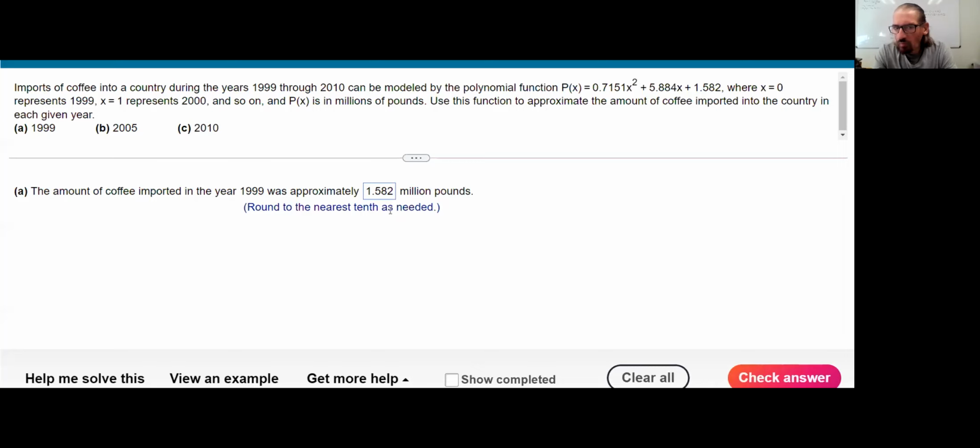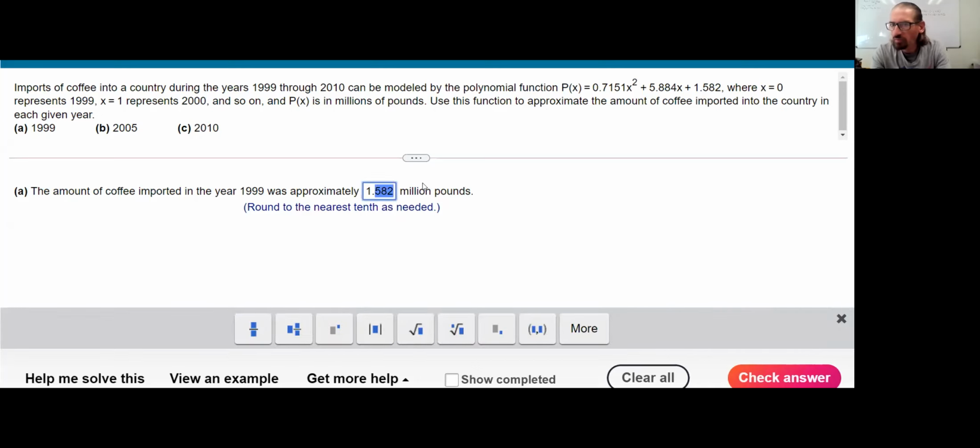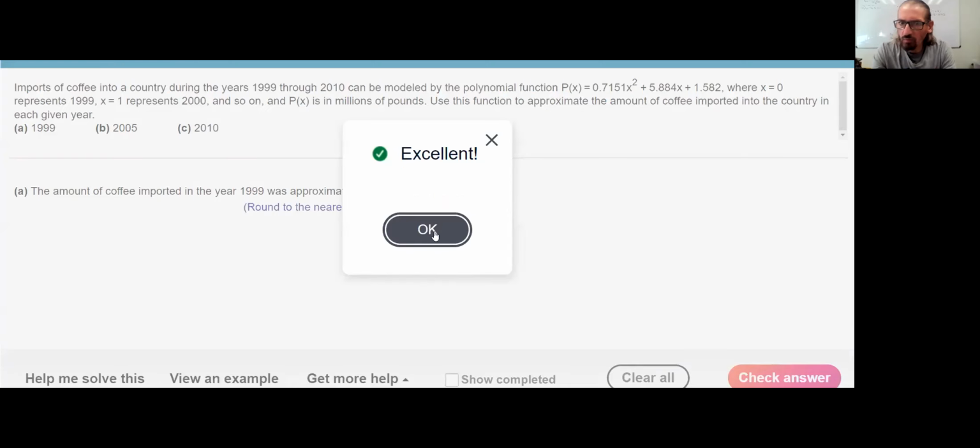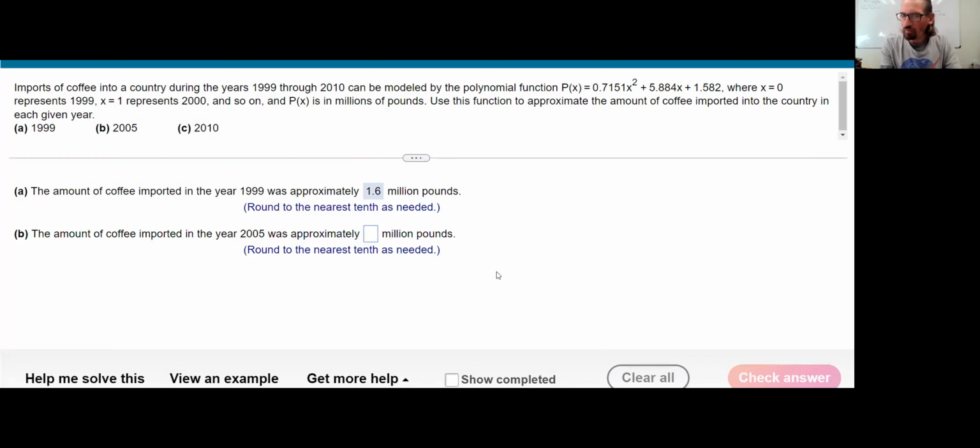I see. They want to the nearest tenth of millions of pounds. So 1.6. See if they agree with that. Okay, they do.